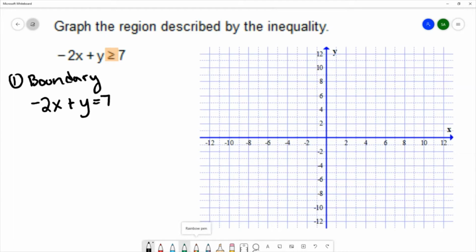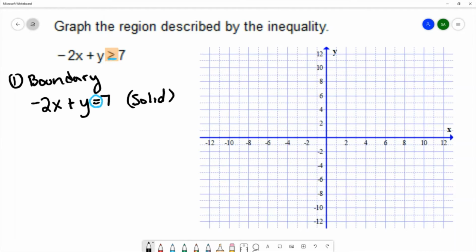And since this inequality has an equal to in it, that means that our boundary, which is equal, will be included in the solution. And the way we indicate that when we draw it is to draw the boundary with a solid line. So this indicates the boundary is included.